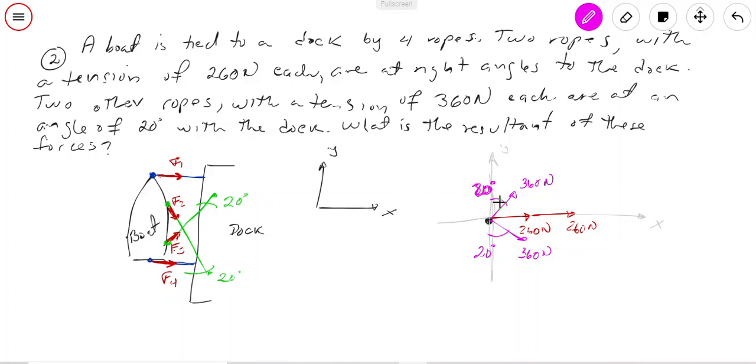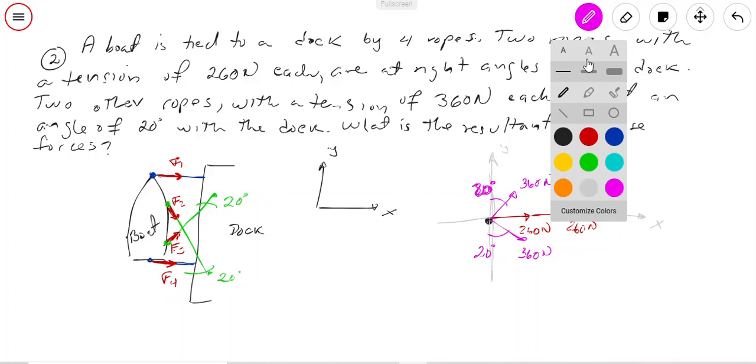Nevertheless, the x components of the forces of 360 newtons are both pointing to the right, so they are going to be added to the forces of 260 newtons.